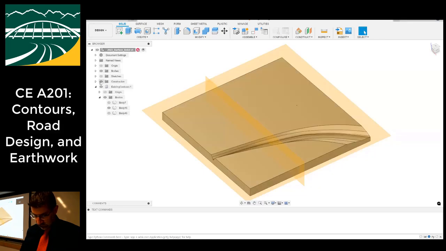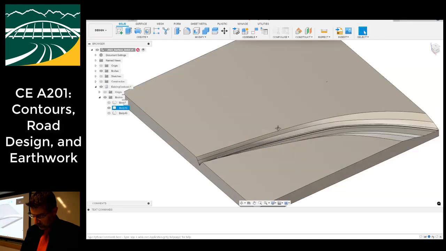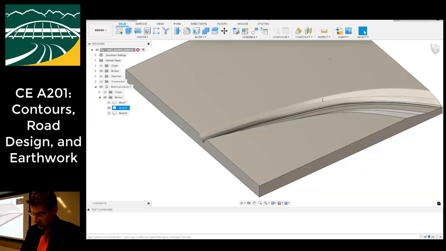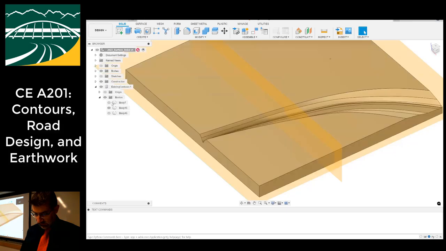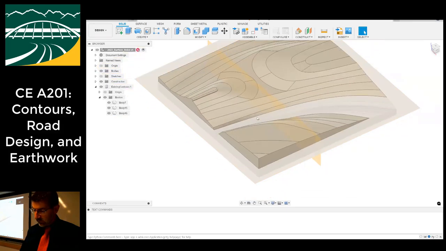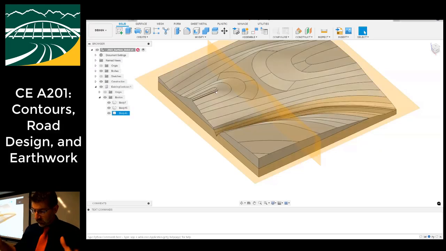So now I'll turn off the yellow, right? So I cut it at a particular elevation, and I ended up with basically this line and this line, right? If I were to cut it at a different elevation, then I would end up with different lines, right? So you're basically just slicing your surface or your volume in horizontal planes. That wasn't the best line, but it's okay.